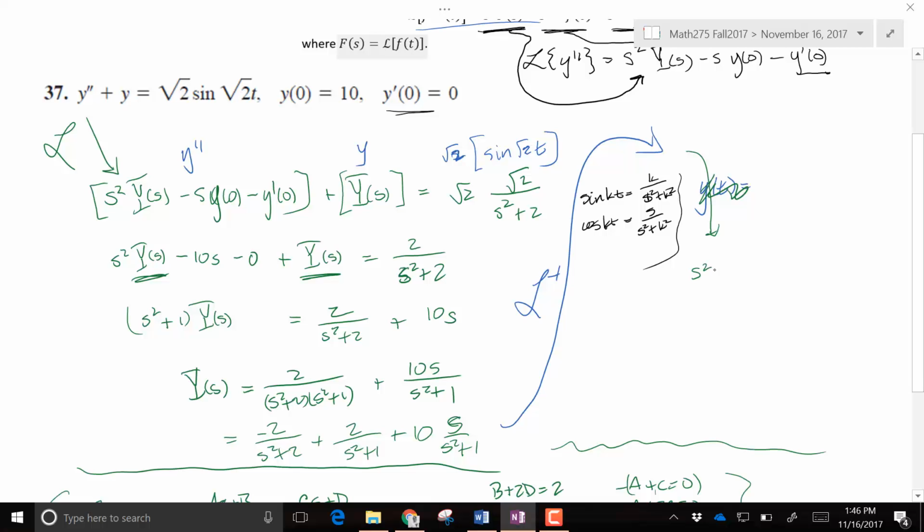We have an s squared plus 2, and if we write 2 as square root of 2 quantity squared in the bottom, then we know that the matching constant has to be square root of 2, right? But if we have a square root of 2 there, we want a -2 up on top. Does everybody agree that you're going to need a square root of 2 on the outside, negative?